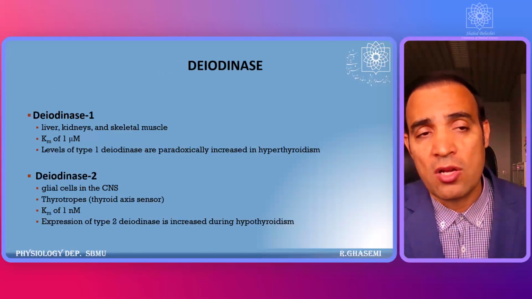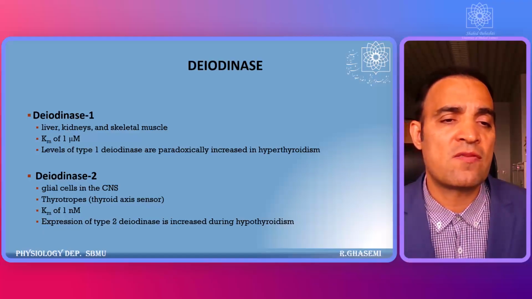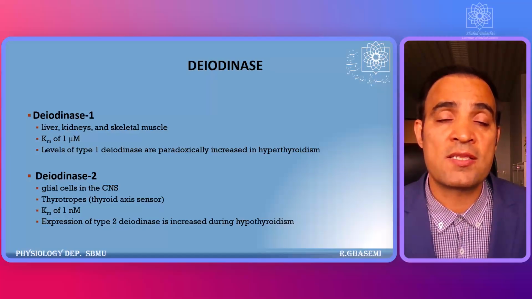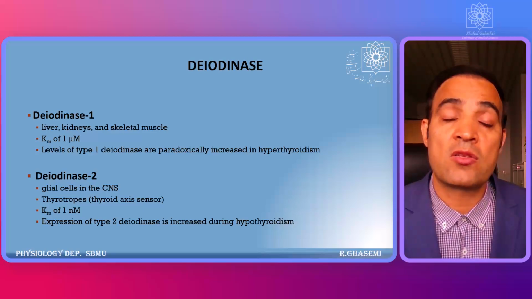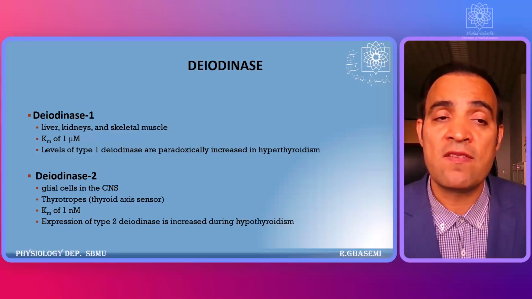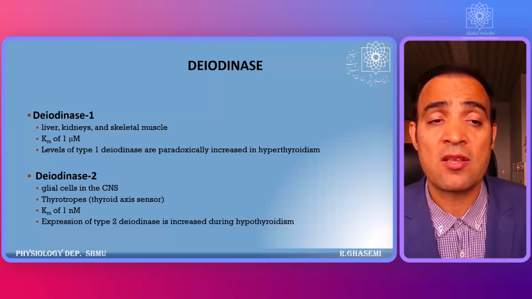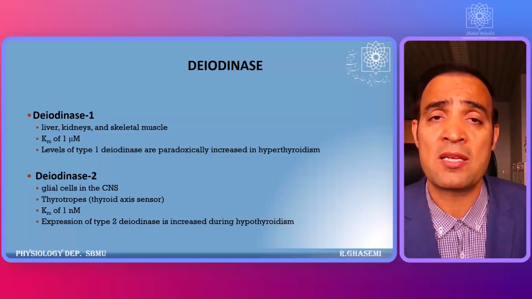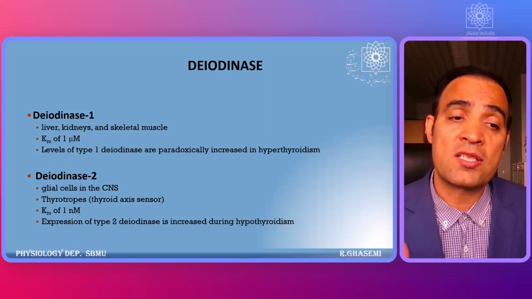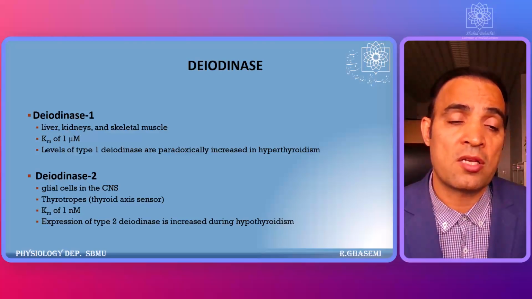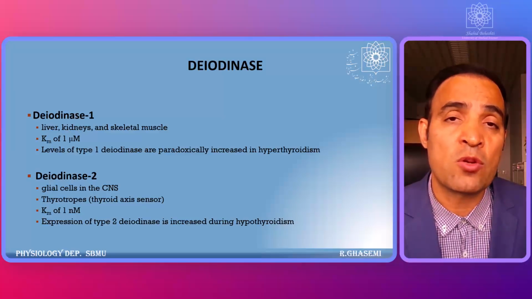This figure shows the expression of deiodinase 1 and 2. These two enzymes are activating enzymes, and as you see, deiodinase type 1 is expressed in liver, kidney, and skeletal muscle, but type 2 is expressed mainly in the central nervous system and glia. Also in the thyrotropes of the pituitary gland.